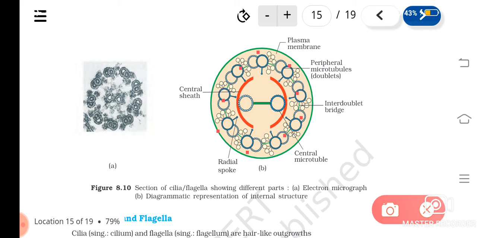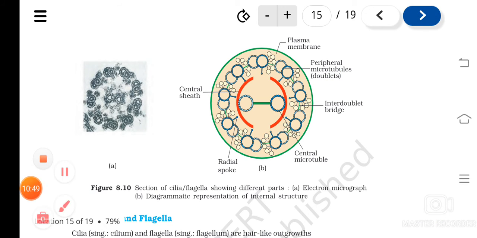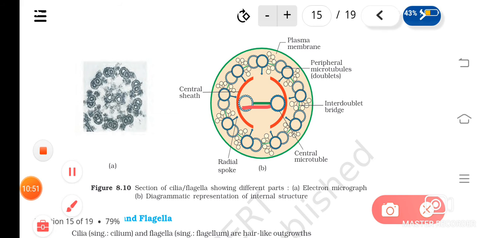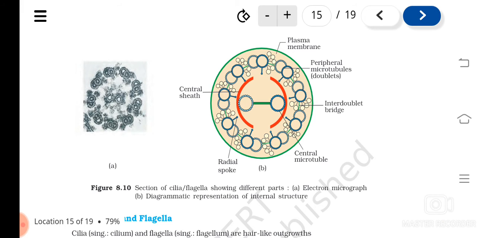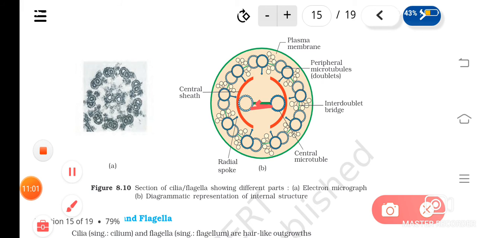This is the cross section. Two microtubules in each group are the peripheral microtubules, and there are two central microtubules. The central two are connected, and they are covered by a sheath.